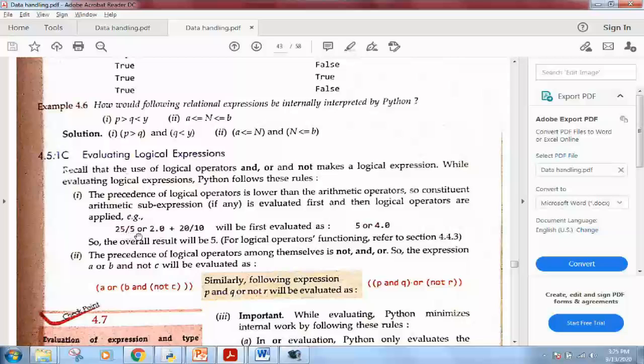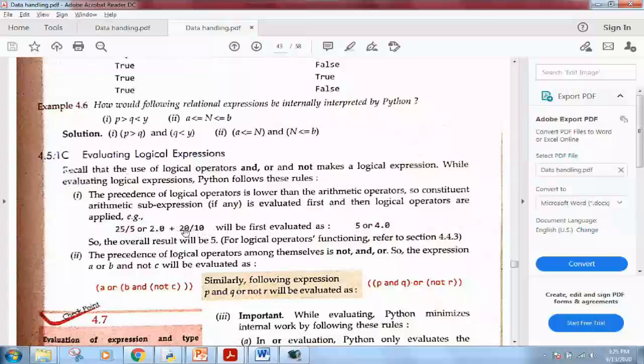5. Okay, 5 or this one, 2.0 plus 20 divided by 2, which will be 2. So you first evaluate 25 divided by 5, which is 5, or, and 20 divided by 2 will again be evaluated first, it will be 2.